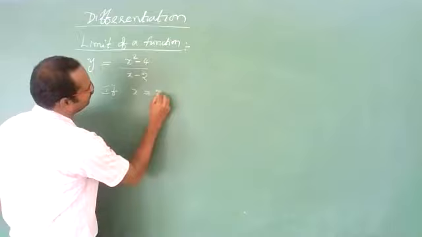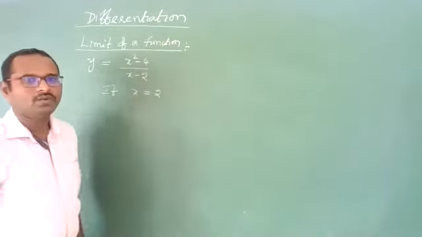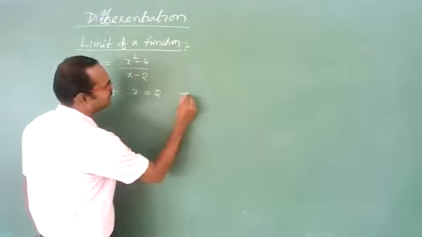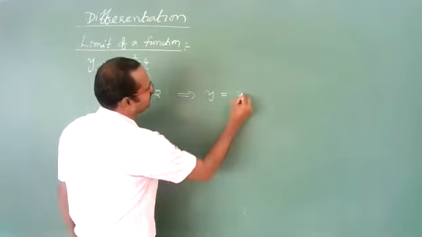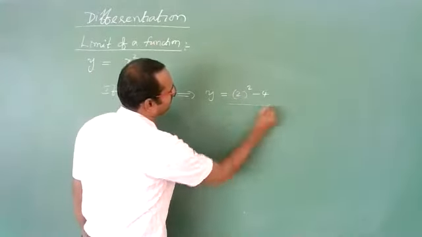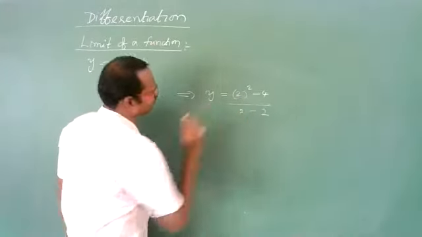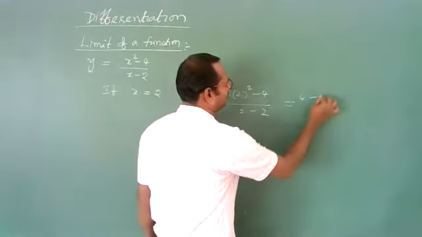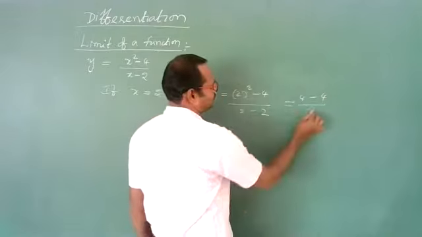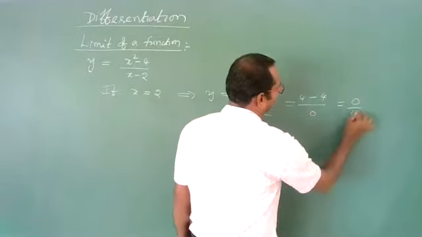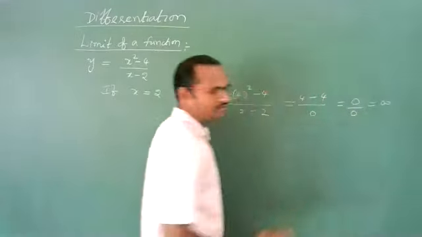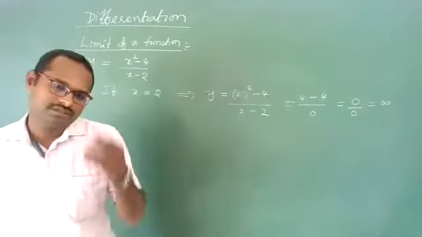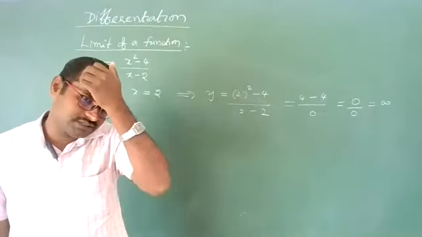If you take x is equal to 2 exactly, what will you get? You will get y value as 2 square minus 4 divided by 2 minus 2. 2 square is 4, 4 minus 4 divided by 2 minus 2, that is 0. So you will get 0 by 0, which is undefined.